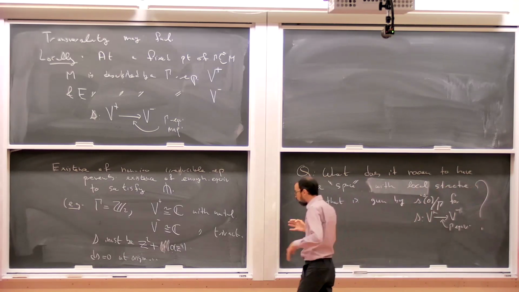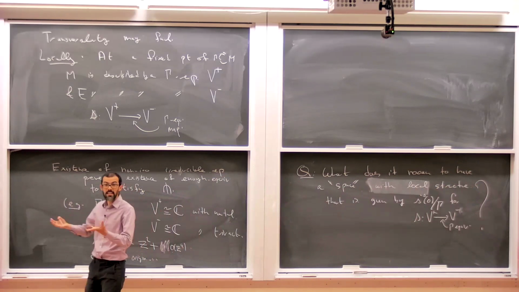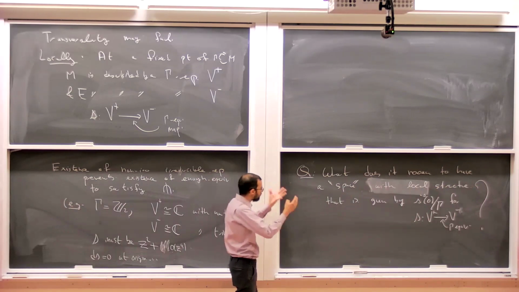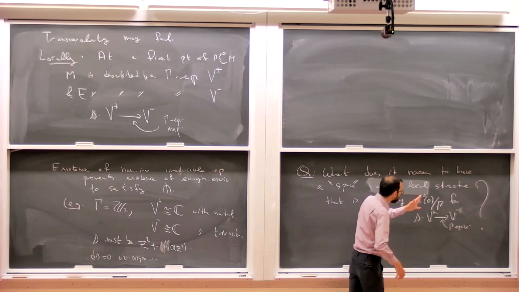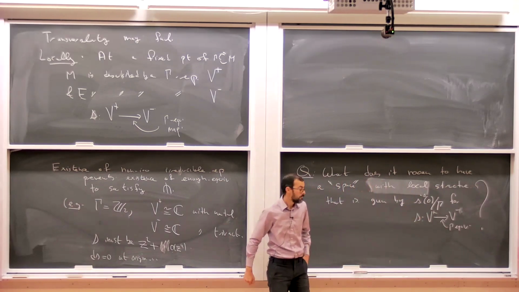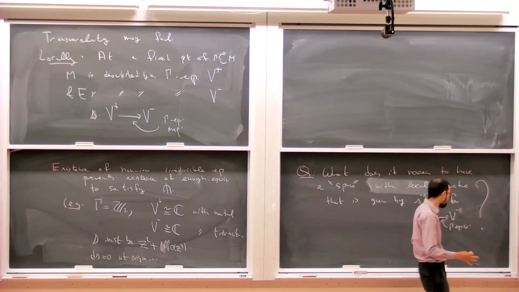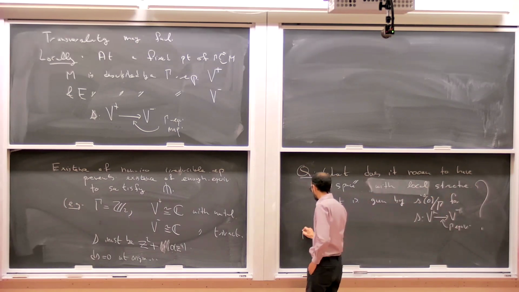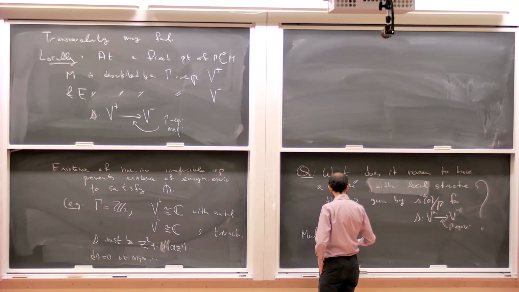What is a global structure on a space? How to formulate some global notion which locally is given by this? Okay, and there are multiple answers to this question.